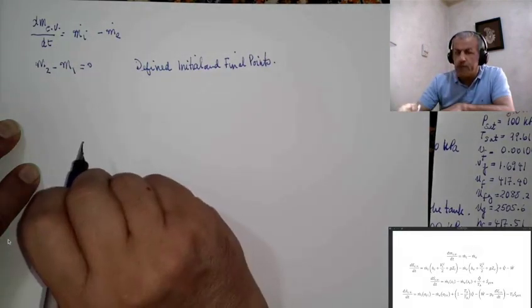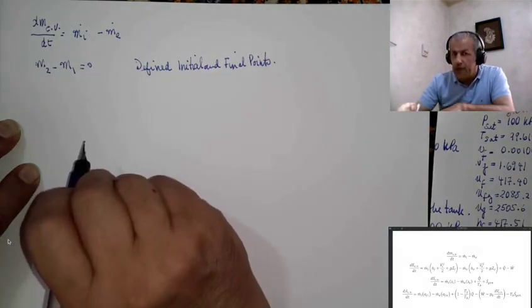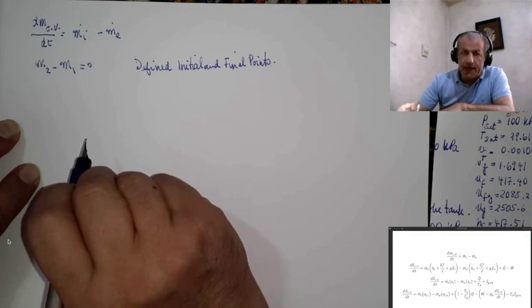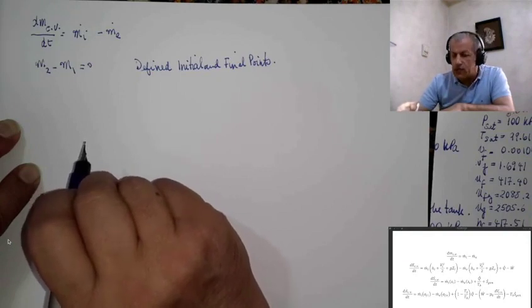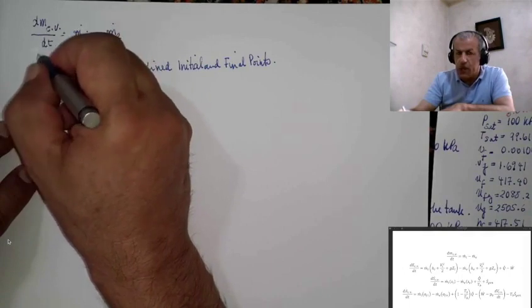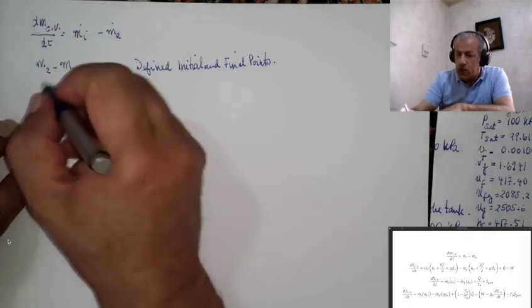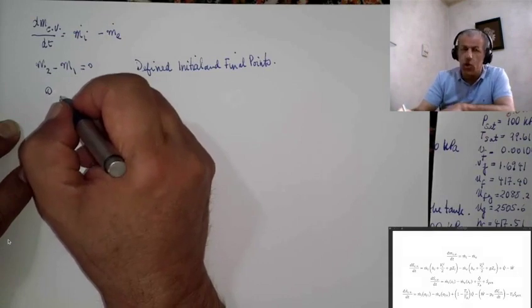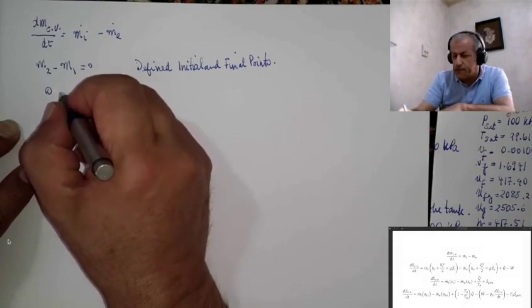Okay. Now, sometimes nothing happens inside the control volume. There is only mass coming in and mass going out. So there's no change in time with what happens in the control volume. So this is zero. There is no change in time. There's no initial or final state.